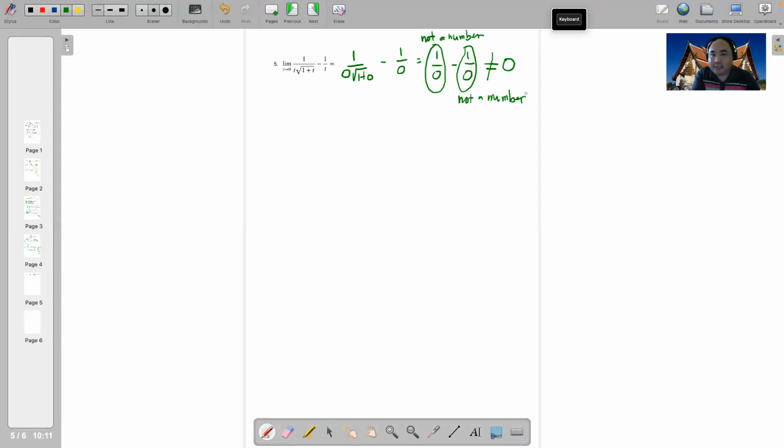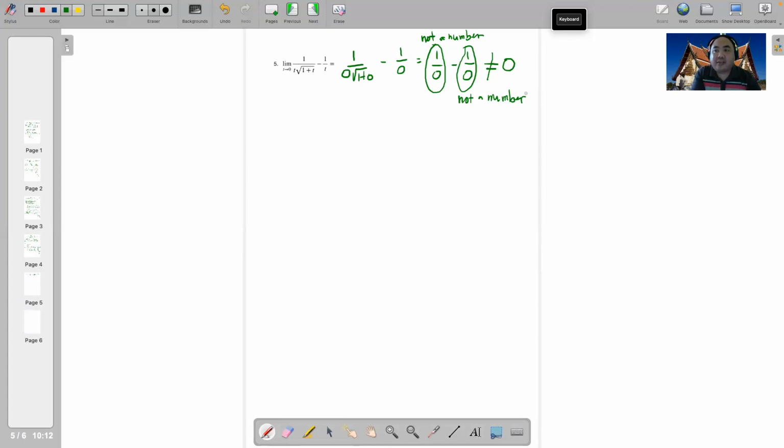It doesn't make sense. So this limit problem may be solved by using the same method as we did in the first 4 problems, which is to find an alternative function that is equivalent to this, but when we do substitution, will give us a meaningful number.